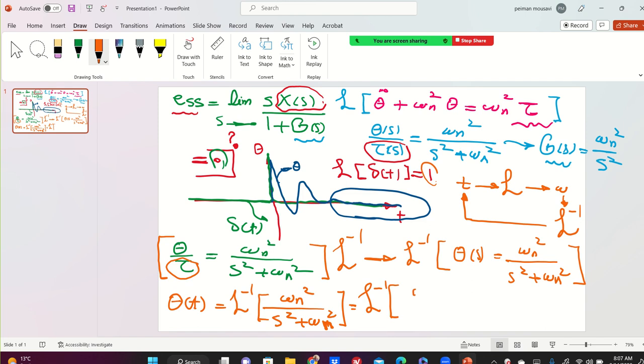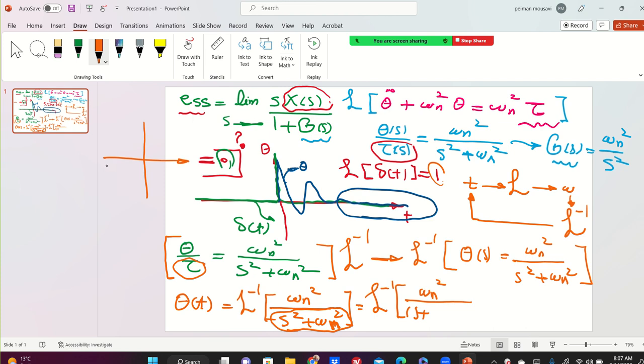You can decompose this because we have two poles. Remember from the pendulum problem? We have two poles, located on the imaginary axis. I taught all of these to you previously. So you can write s plus i omega n, s minus i omega n.